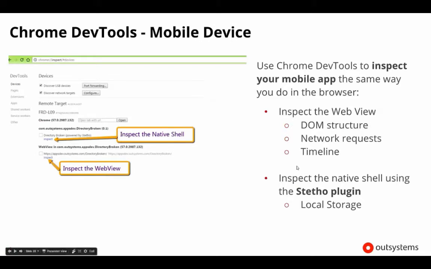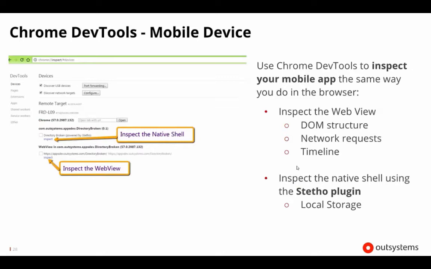Now, one thing that is very important to mention is that you can use Chrome DevTools not only to troubleshoot your application in the browser, you can actually troubleshoot while it's running on your device. You will need to connect your device to the PC, usually using a USB cable.